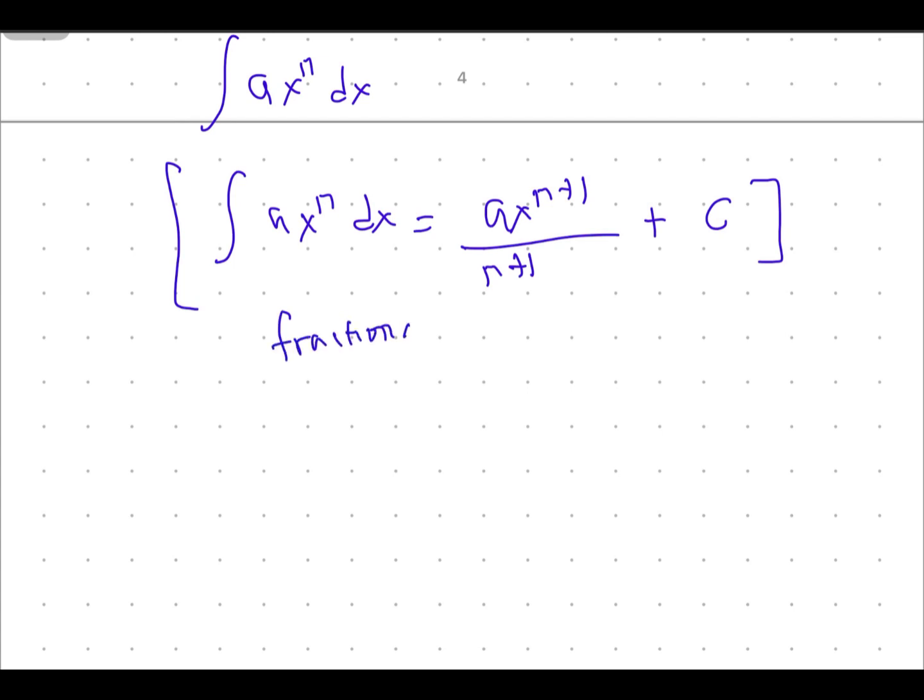Just take notes. Fractional, or zero, or a positive number, or a negative number, right? With the exception of the negative number n equal to -1.